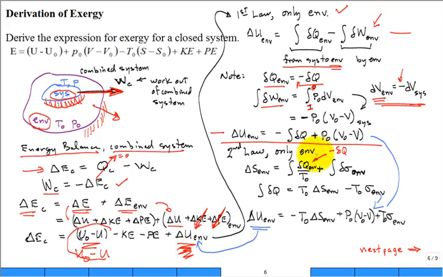You go to the second law for the environment only. Does this look like a good second law for the environment undergoing a process? You have the change in the entropy. It can be increased by heat transfer coming in. Any irreversibilities generate entropy. We want to isolate this term right here. So you have a negative dQ. You put that in, switch it to the other side, multiplied by T0, because T0 is a constant.